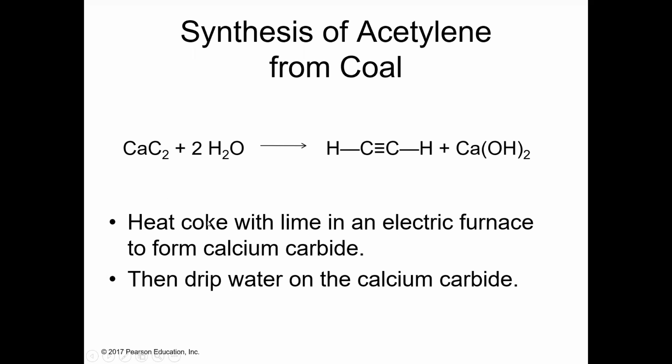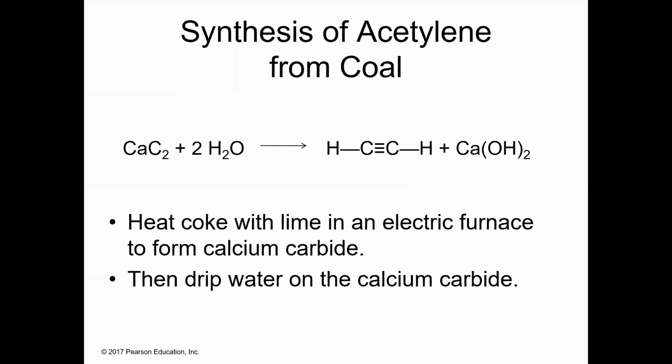So we heat coke, which is crude carbon from coal, with lime, which is calcium oxide, in an electric furnace to form the calcium carbide. And then drip water on the calcium carbide to form acetylene.